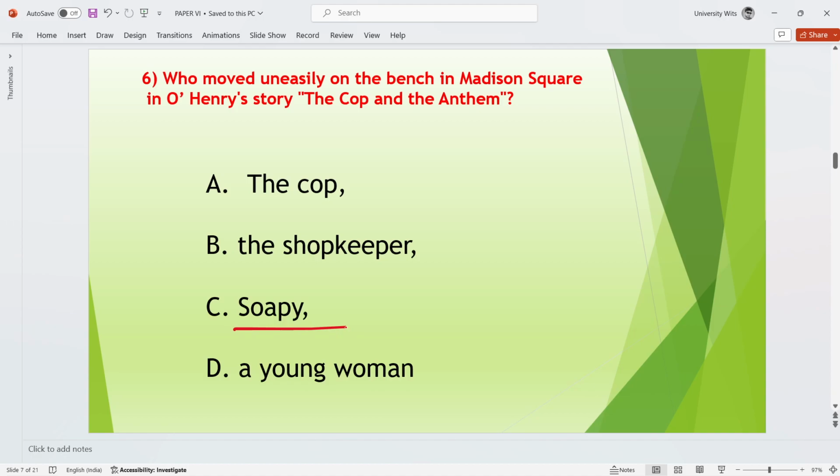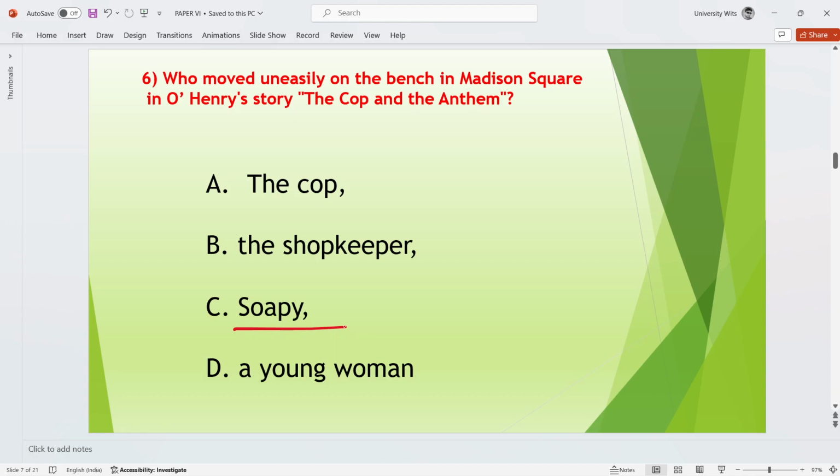So he is a homeless man who struggles to get arrested for the winter, so he can spend time in jail with a warm place to sleep. So option C is the correct answer, and the remaining options are characters, but they're not associated with this.